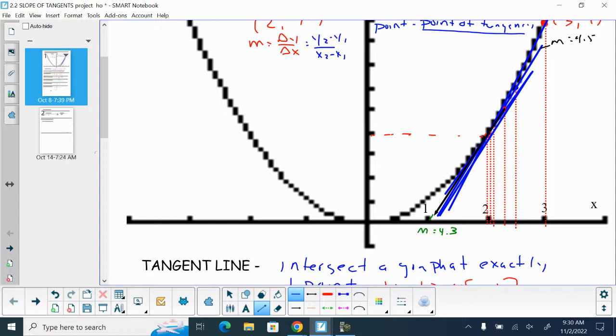Would we be able to see the difference? No, we wouldn't be able to see the difference. If we could put a magnifying glass here, we'd be able to see the difference.